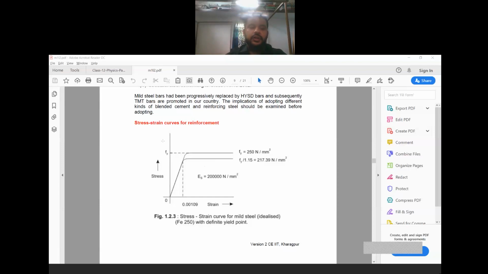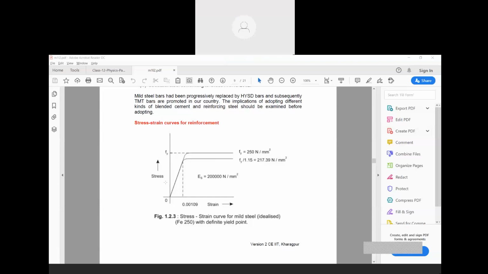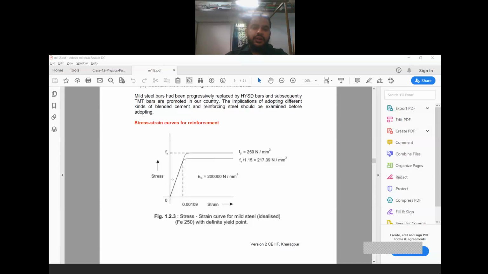Yes, sir. Okay. Now in this figure, along the y-axis we put stress and along the x-axis we put strain. From zero, from the starting point to this point, you can see a straight line. That means up to this point our stress is directly proportional to strain, and we know that only within the elastic region is stress directly proportional to strain.